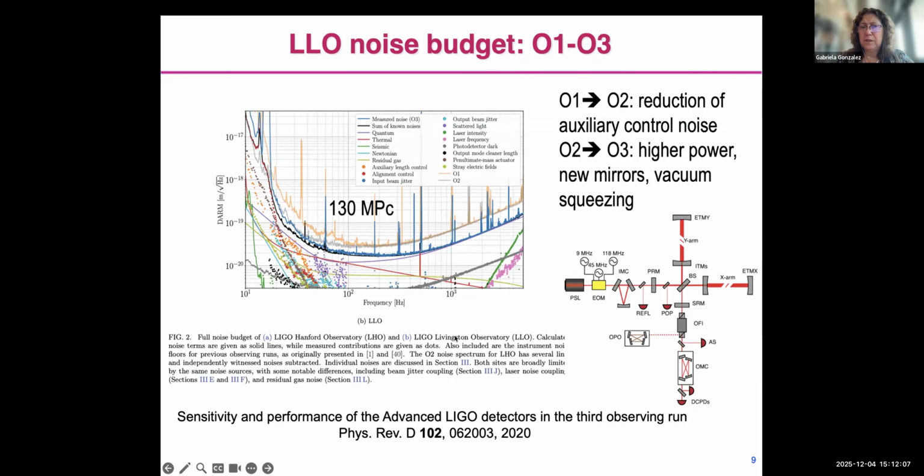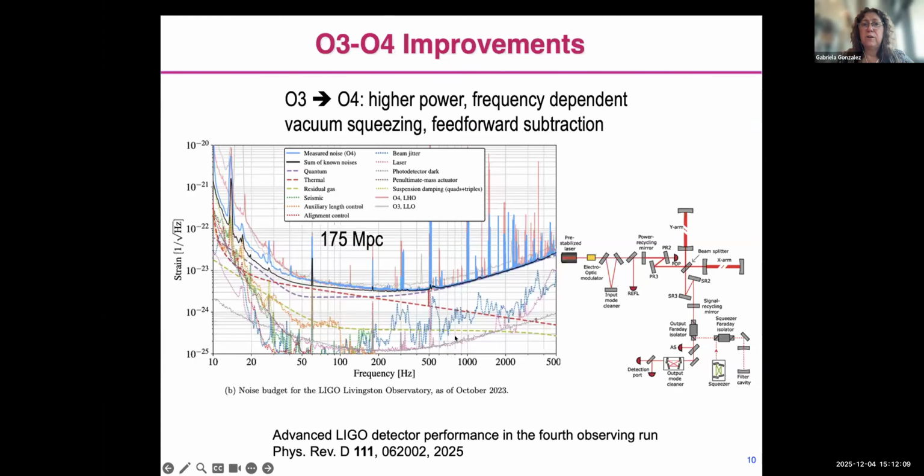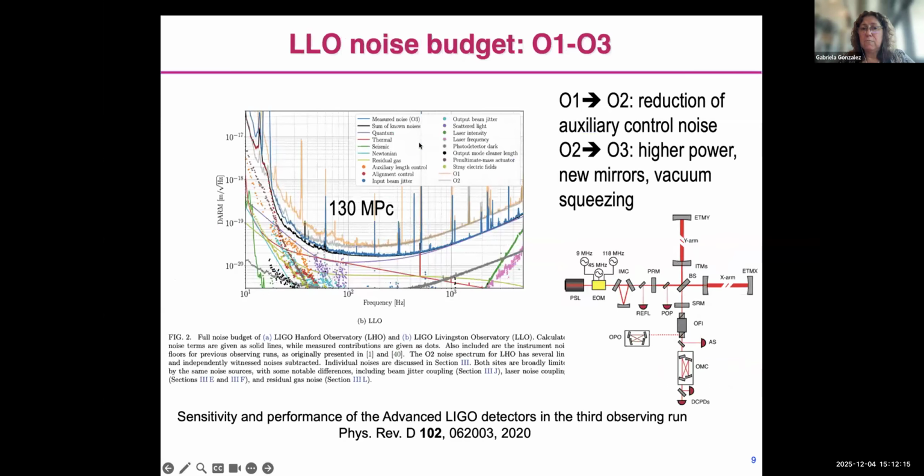We still had a bit to go, and we did from O3 to O4, where we couldn't use more power or more squeezing because that was going to introduce more noise from radiation pressure at low frequencies.